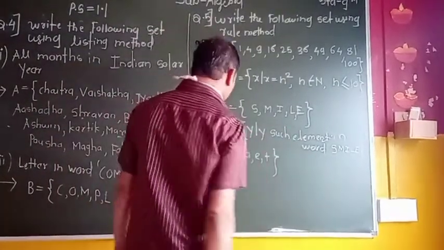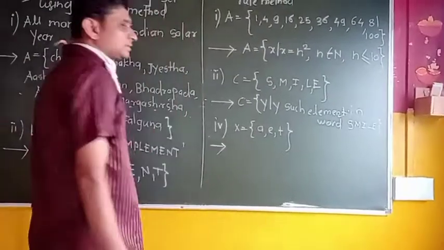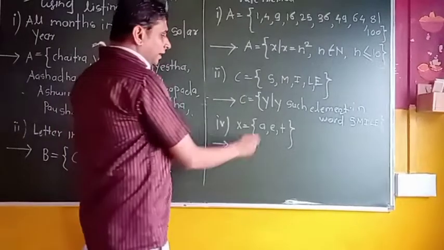Okay, another, fourth: X is the set containing a, e, t.